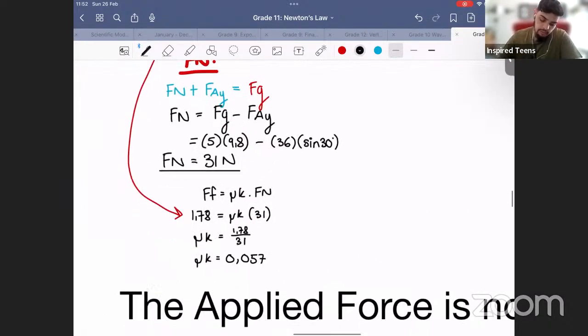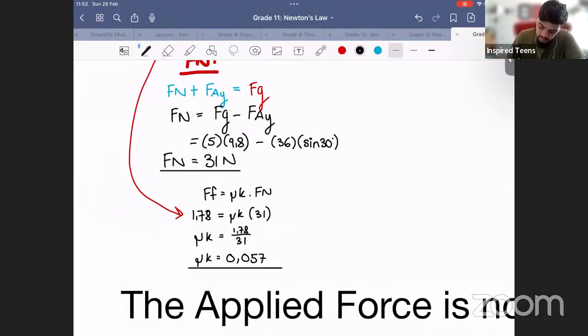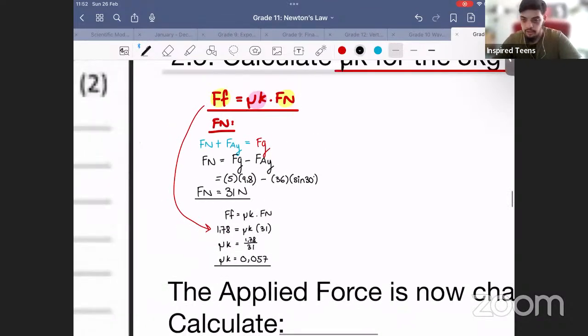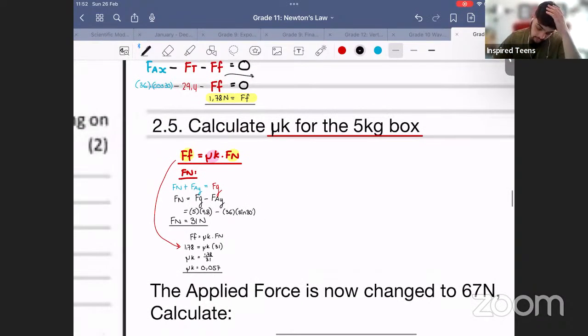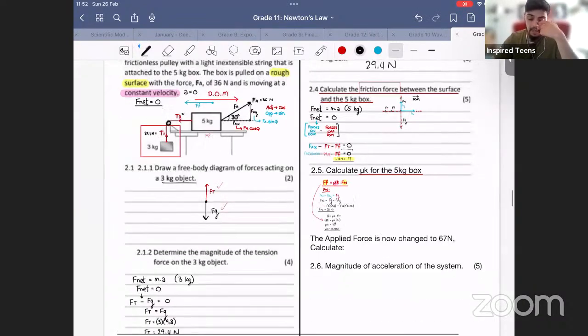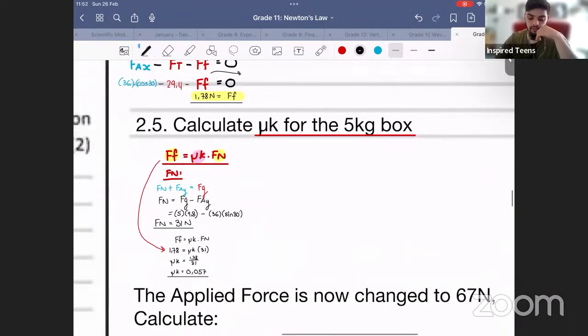So we solved for mu k. It doesn't have a unit because mu k is like a ratio. Essentially, it's a ratio that tells us the friction between two different surfaces. So that was one question: calculate mu k for the 5 kg box.